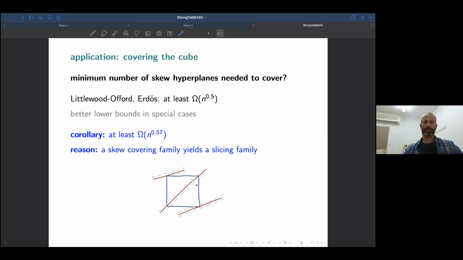And so this is the question. And a theorem of Littlewood and Offord that was later improved by Erdős shows again that... So sorry, Amir. So covering a vertex is like hitting the vertex with the hyperplane. So the hyperplane should really cut through the vertex. Yes, yes. Really, the vertex should be on the hyperplane. Okay, I got it. Thanks.